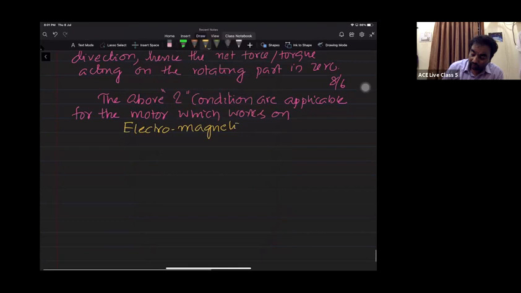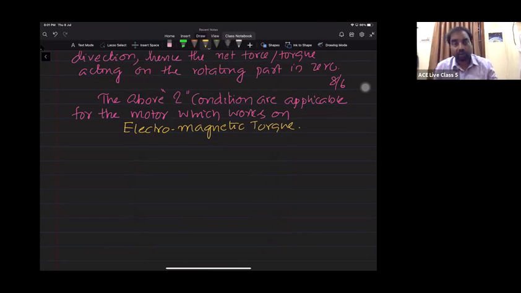Electromagnetic torque, nothing but your Lorentz law. So this is something about the concept of pole formation in which motors? DC motors. Is this point clear? Confirm me all of you.